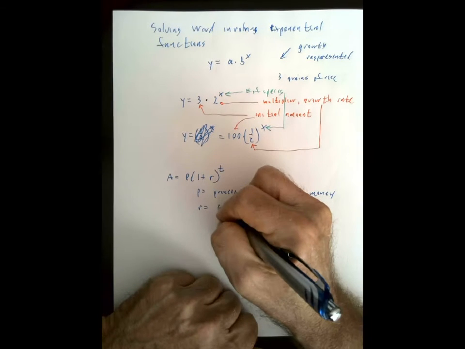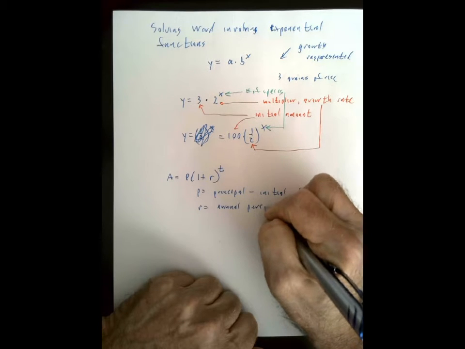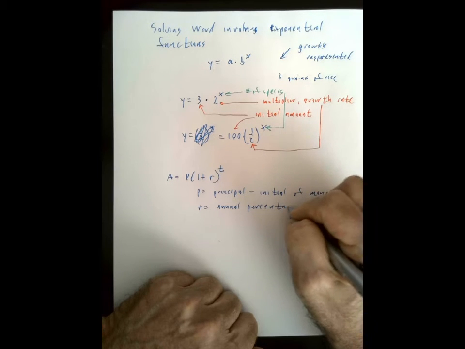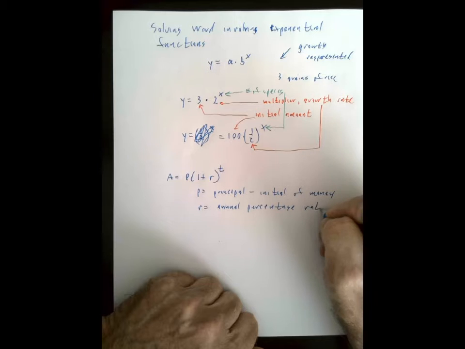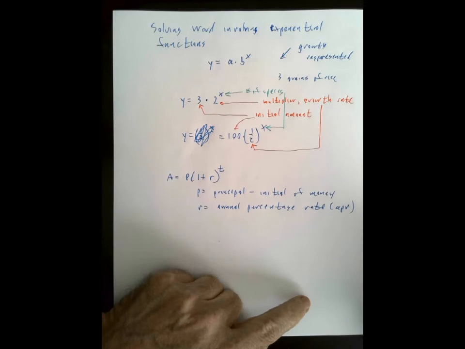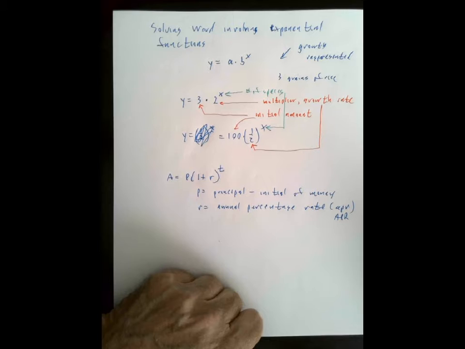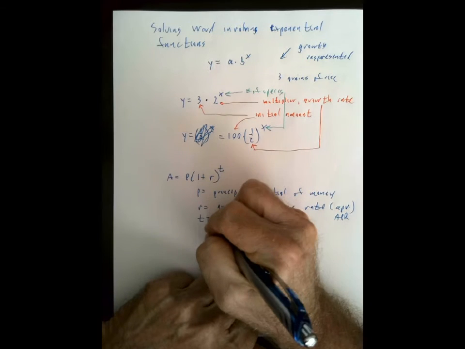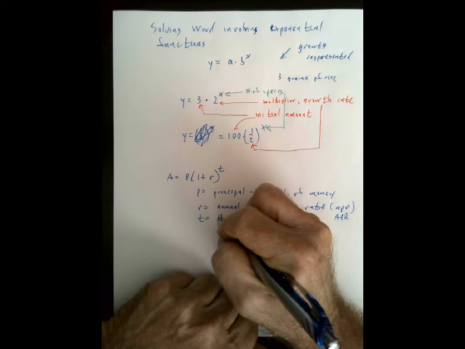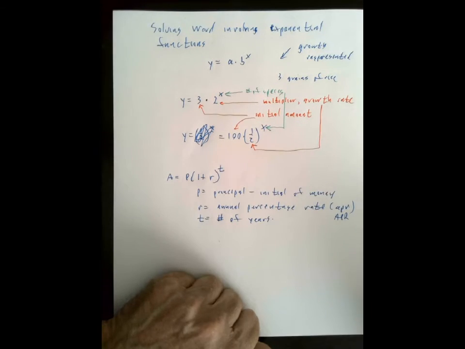R is equal to the annual percentage rate, usually abbreviated the APR. And then T is always going to be the number of years, for these kinds of problems.